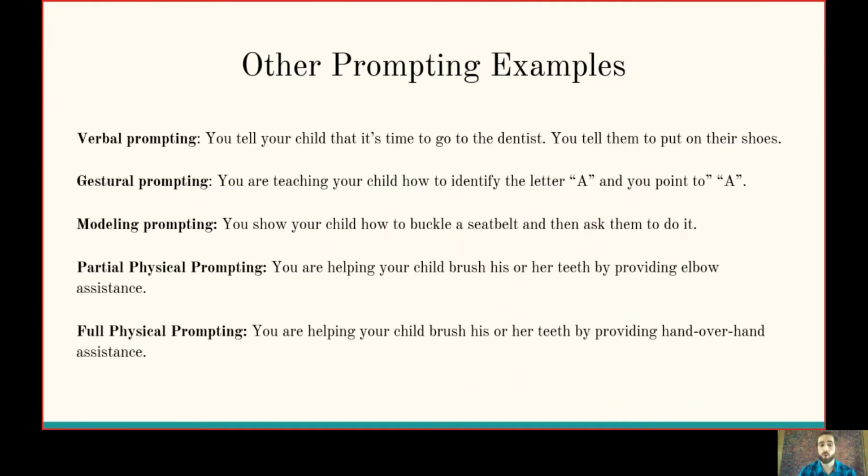Gestural prompting: you are teaching your child how to identify the letter A, and you point to A. Modeling: you show your child how to buckle a seatbelt, and then you ask them to do it. Partial physical prompting: you are helping your child brush his or her teeth by providing elbow assistance, just light physical touch on the elbow. And full physical prompting: you are helping your child brush his or her teeth by providing hand-over-hand assistance, full physical prompting to complete the task.